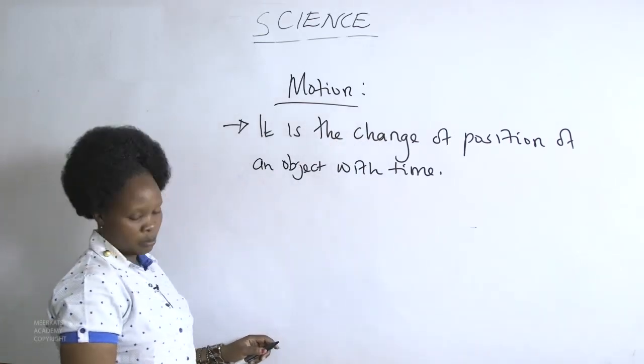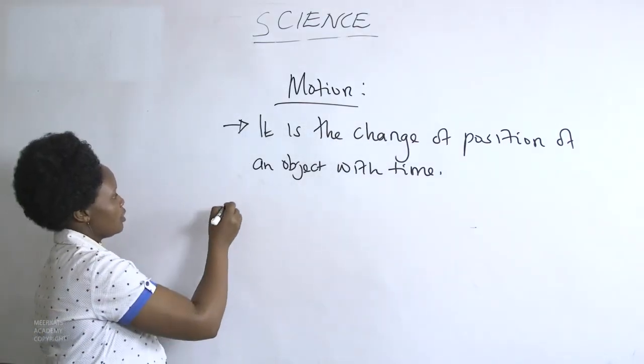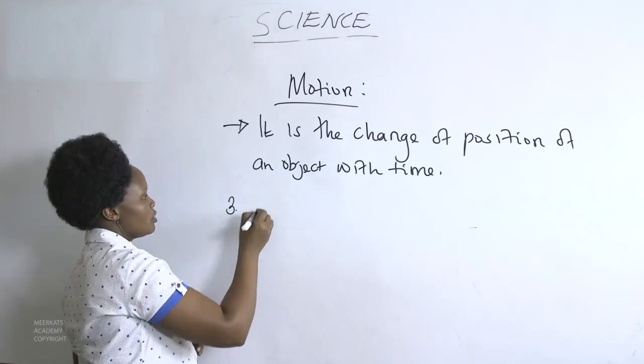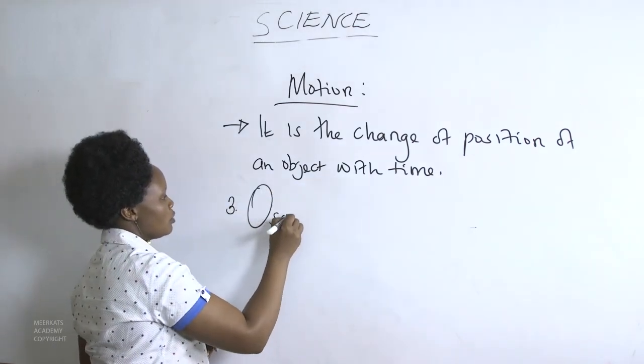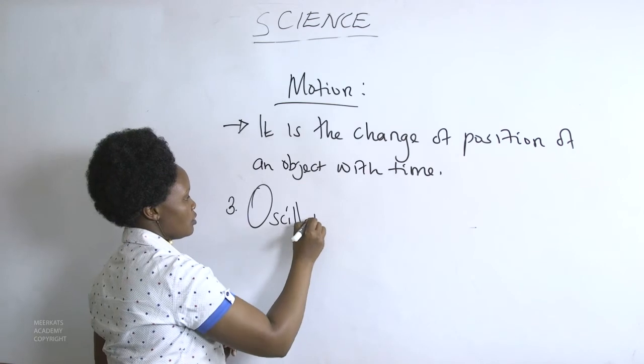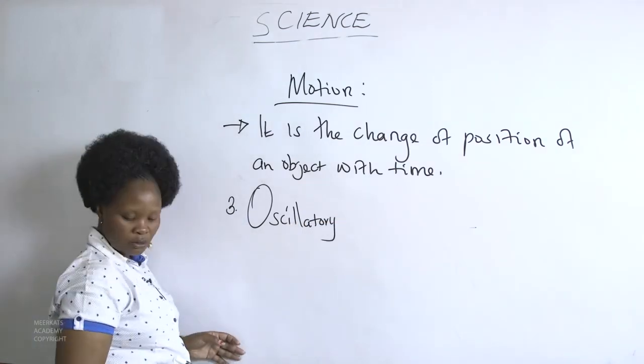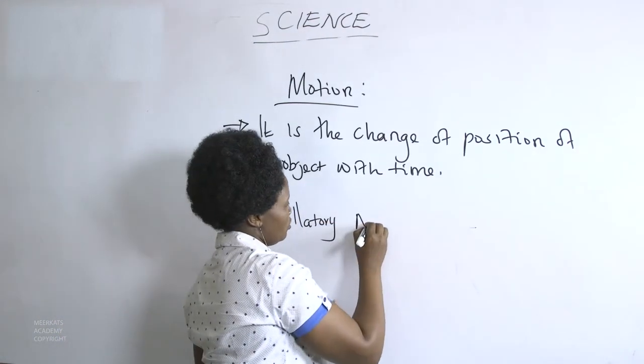And type number 3 is what we call oscillatory motion.